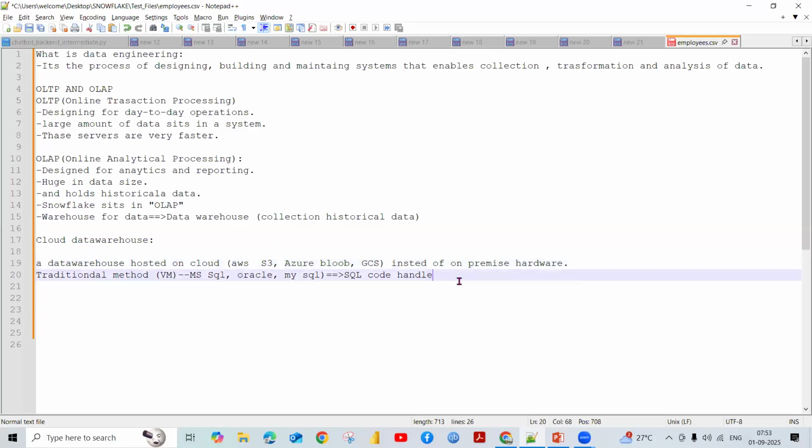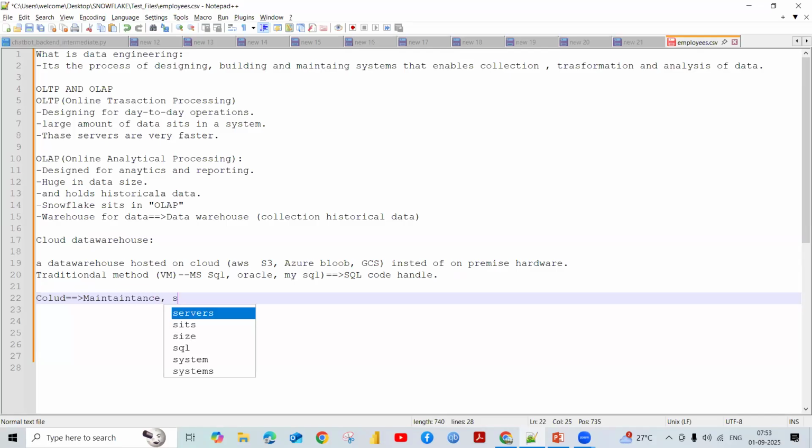So what is the advantage we get when we save in cloud versus virtual machines? When we save the data in cloud, you have no need of maintenance and security.